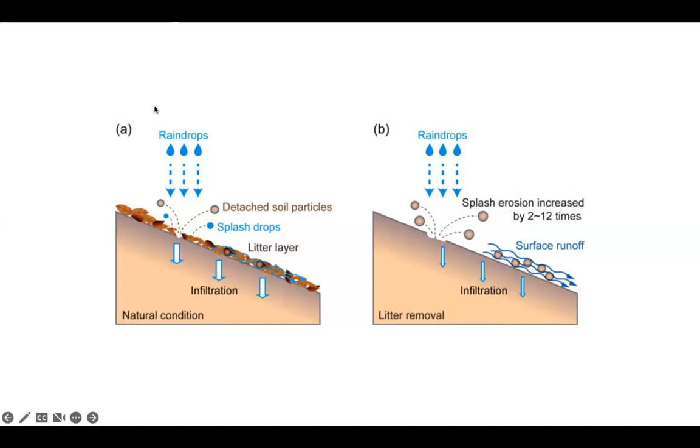Now, as the picture here also depicts, if we just have some surface protection, a litter layer, just have the soil protected with either litter residues or with living roots, with living plants and their leaves that will catch the rainfall first, and then those leaves will funnel the water down much more slowly and permeate it down into the soil, avoiding this issue of the raindrop impact and the splash.